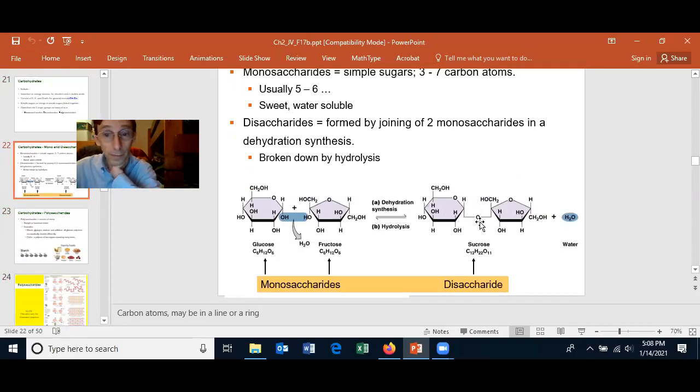The water comes in right here, splits this bond, the covalent bond. And the OH group joins here, and the H group joins here, and splits that, and then we get the disaccharide changing into two monosaccharides by hydrolysis. Any question about any of that?